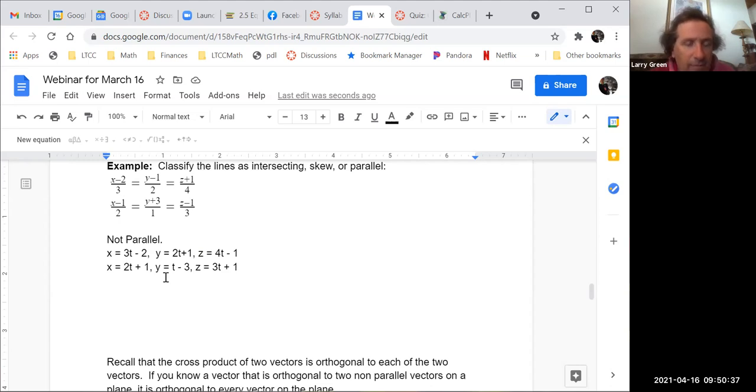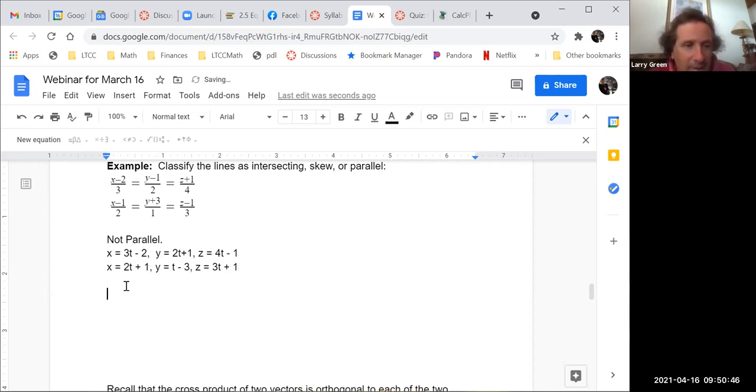All right, now I'm going to use the easiest of these, which is the y's, because y just has a t minus 3. So the question is, do they intersect?